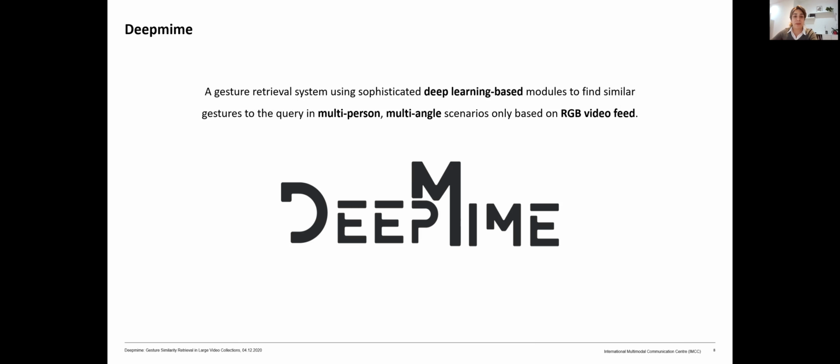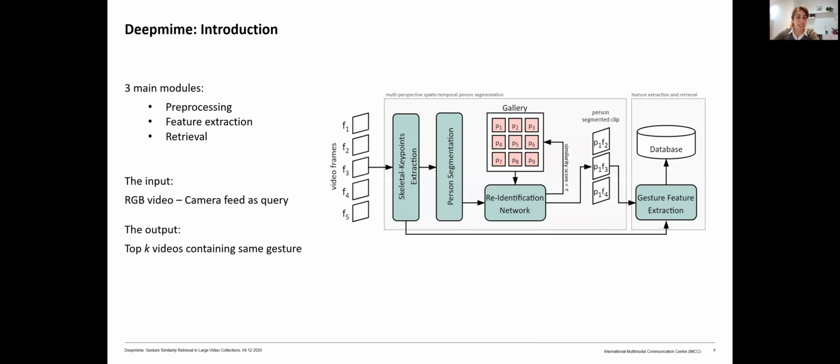This work is over 3 years of my PhD, and we have tried many different modules of deep learning and feature extraction, which I will explain in the coming slides, the different modules of our system.